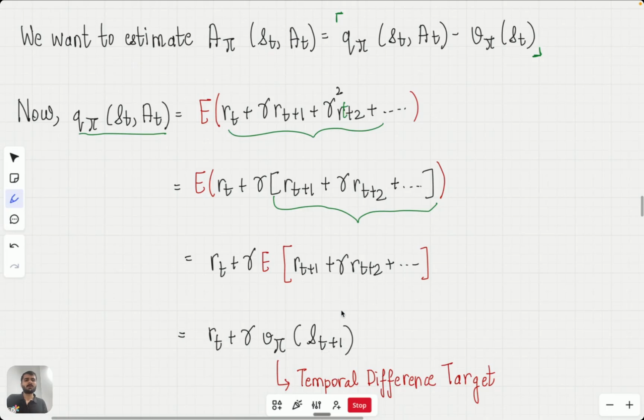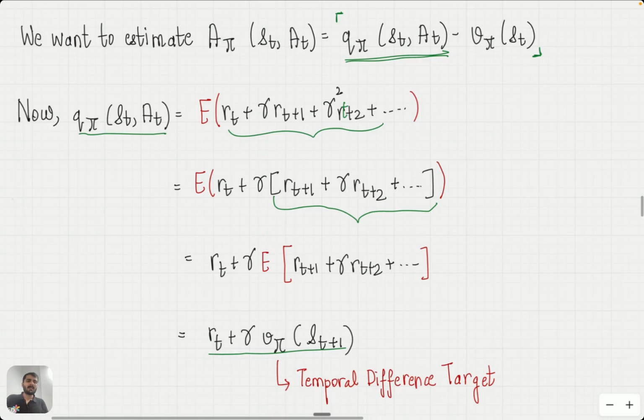So what we can do is, we can basically write down the action value function. The expected value of this is the same as the expected value of this. So essentially we have converted the action value function into a state value function. And remember, this is nothing but the temporal difference target. What this says is, you collect the next reward and then you add it to the discounted value of the next state.